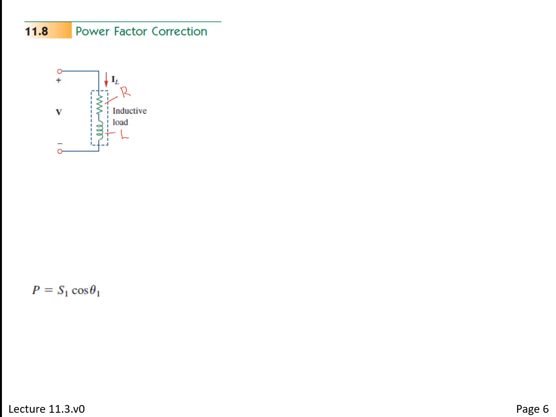The real power delivered is S1 times the cosine. Okay, remember P. We don't want to forget the terms. This is real, right, that's what the P is about. To go along with it, we've got some imaginary power. Right, this is the reactive power now.